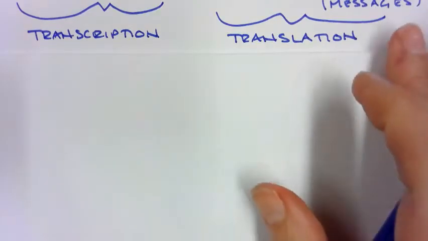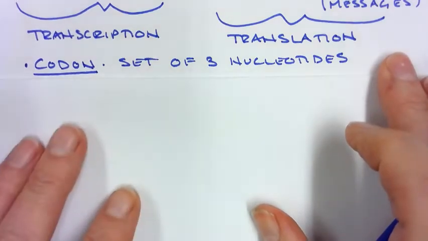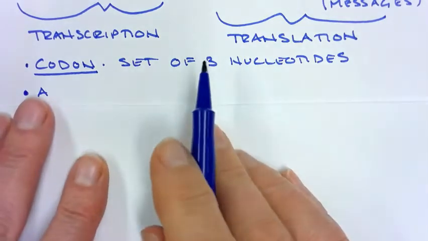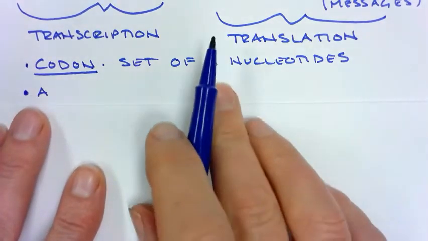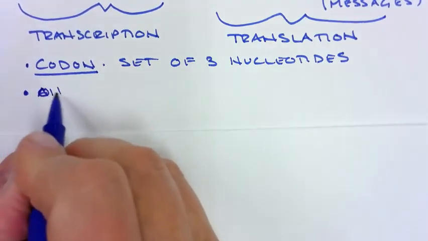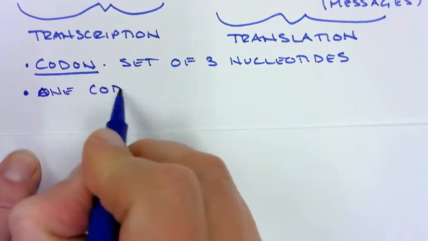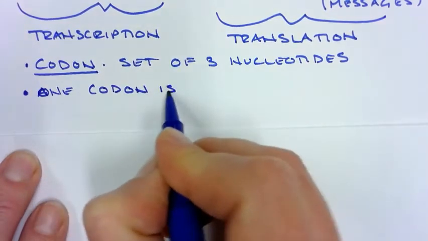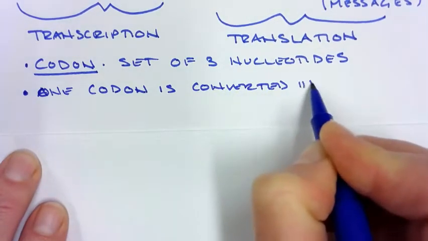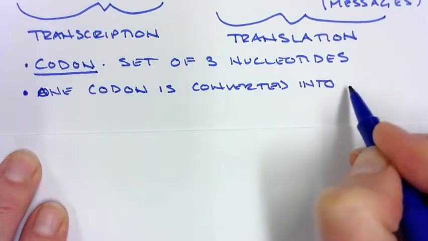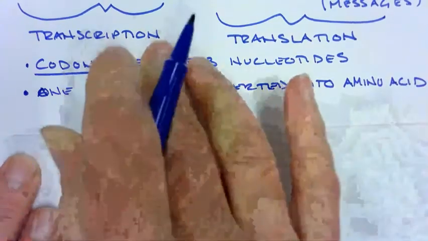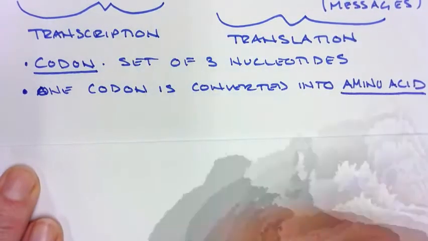Let's review some vocabulary. A codon is a set of 3 nucleotides. Our nitrogen bases in a nucleotide are adenine, thymine, cytosine, and guanine. Basically, one codon is converted into an amino acid. There's our vocabulary there.